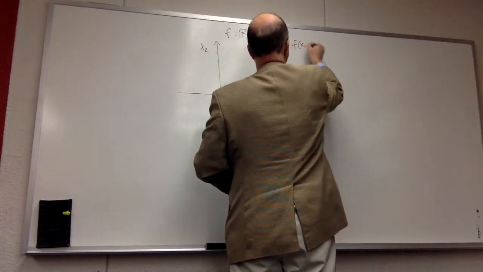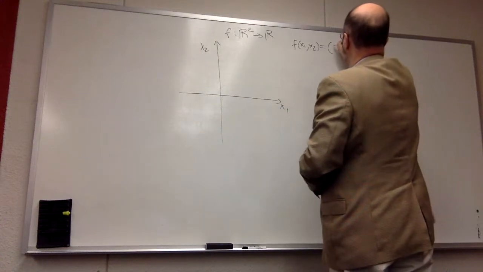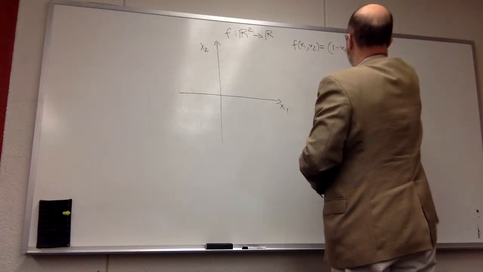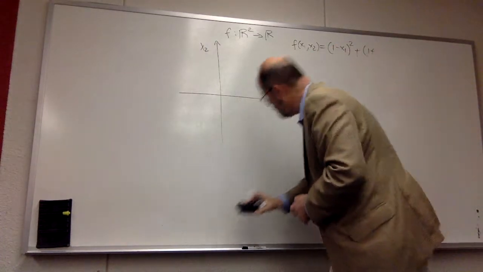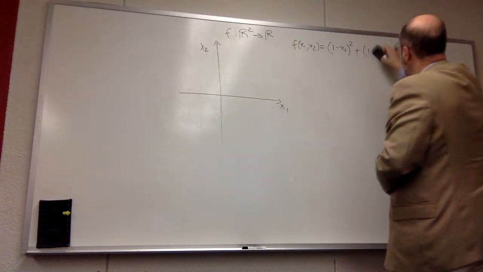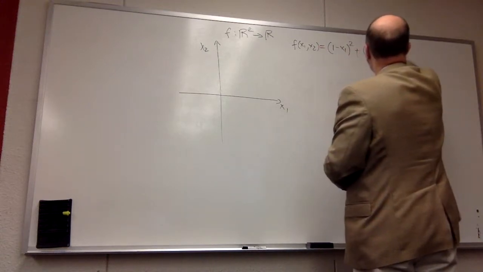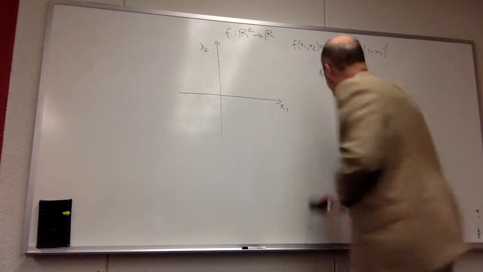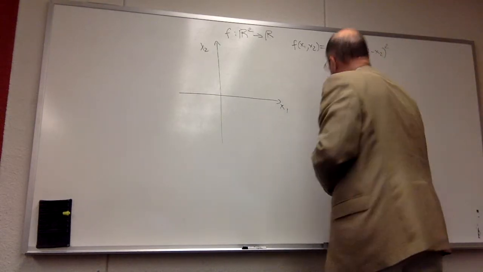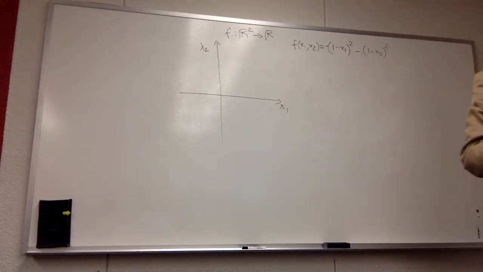So f of x1, x2, let us say is negative (1 minus x1) all squared, minus (1 minus x2) all squared. Put negatives in front of these things. And I want to maximize it. Okay?